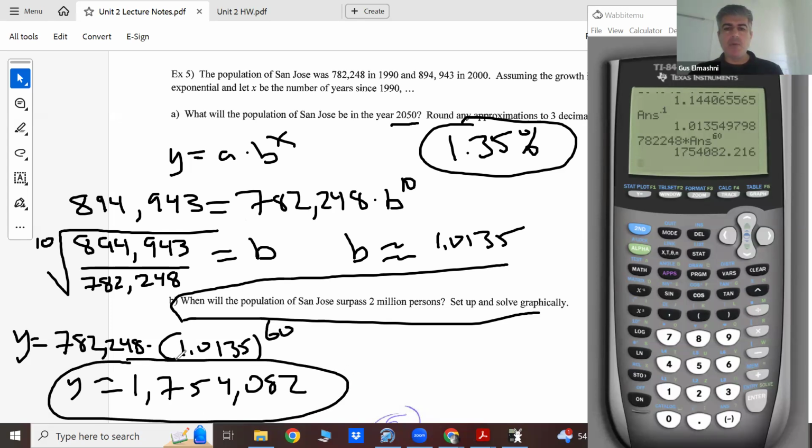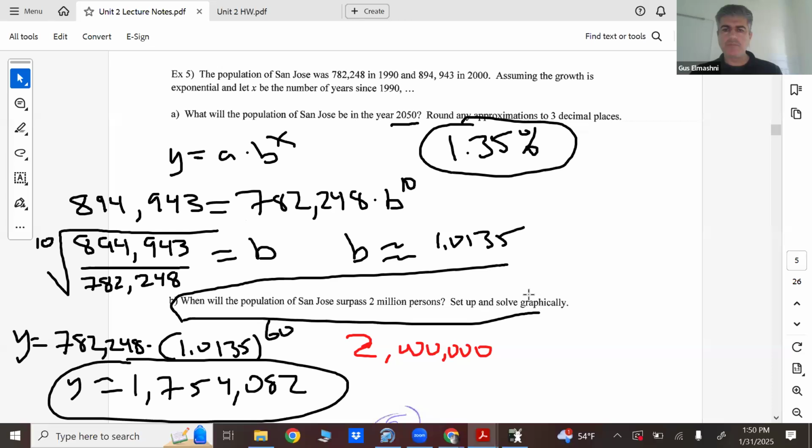Okay. And when we reach 2 million people, in this case, you set the equation equal to 2 million and you solve for x.